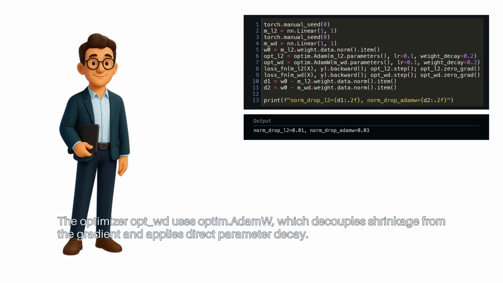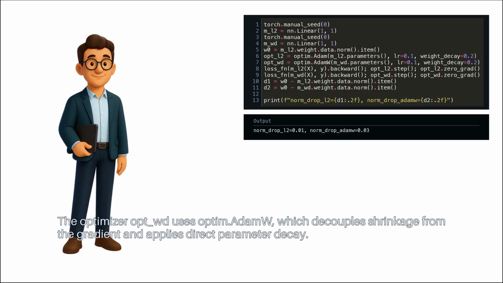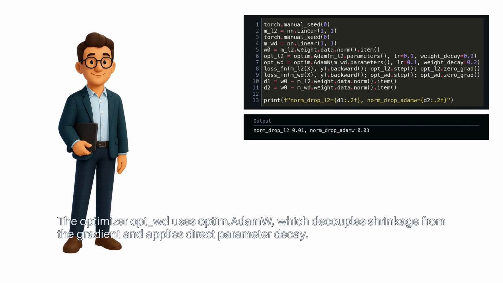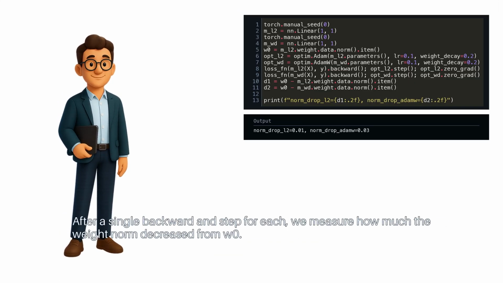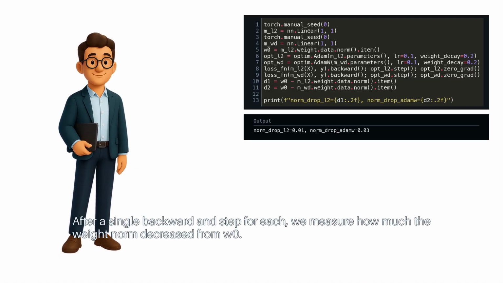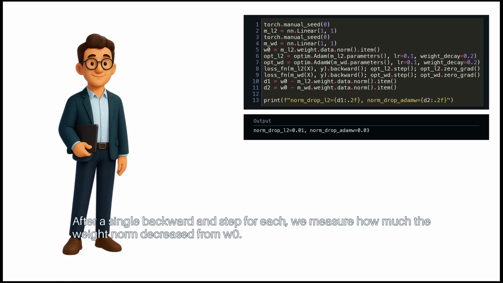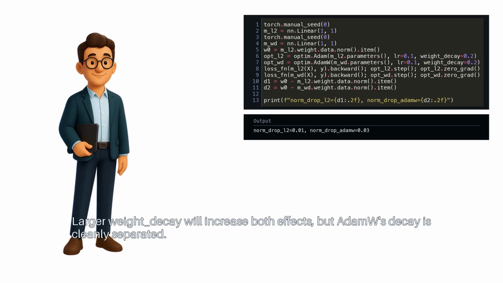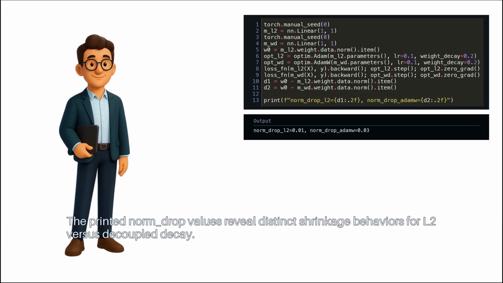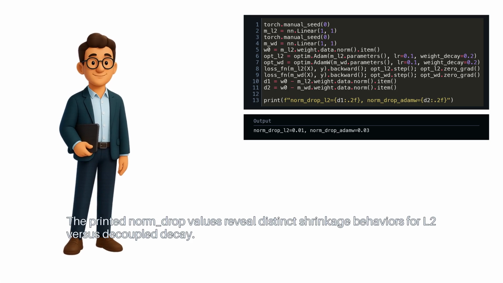The optimizer opt_WD uses optim.AdamW, which decouples shrinkage from the gradient and applies direct parameter decay. After the single backward and step for each, we measure how much the weight norm decreased from W0. Larger weight decay will increase both effects, but AdamW's decay is cleanly separated. The printed norm drop values reveal distinct shrinkage behaviors for L2 versus decoupled decay.